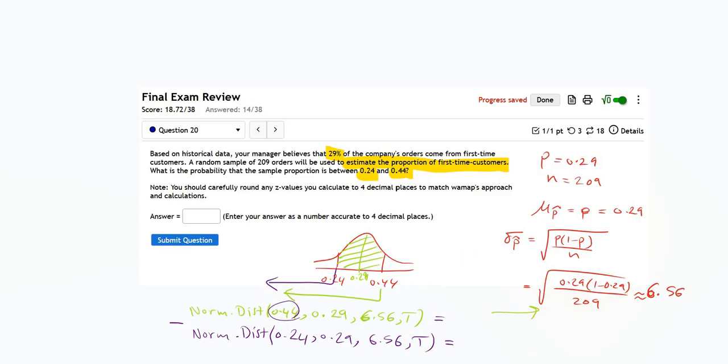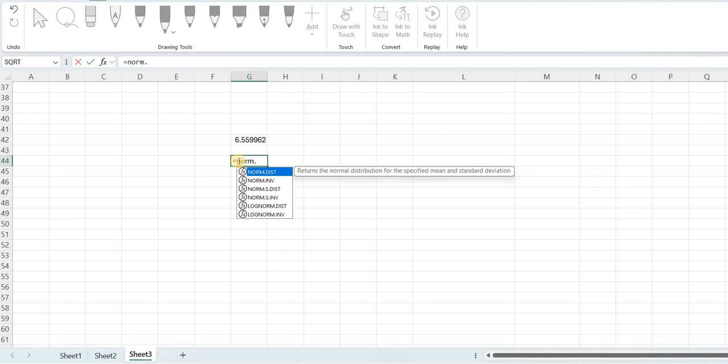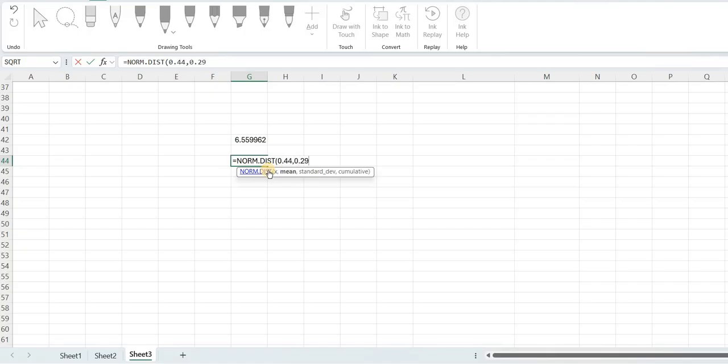So let me do it. The first one is going to be NORM.DIST. Just going to double click, 0.44, comma the mean 0.29, comma the standard deviation. I'll click on it, comma true or 1. That is the first one. And then the second one is similar, so I'm just going to copy it down. Right, I know why it didn't copy right.